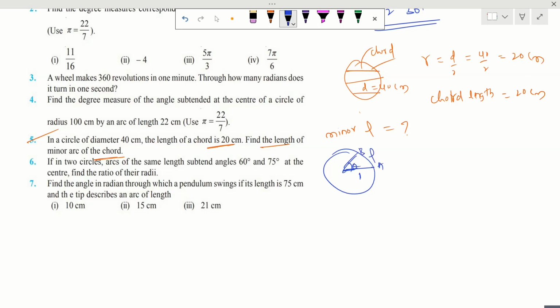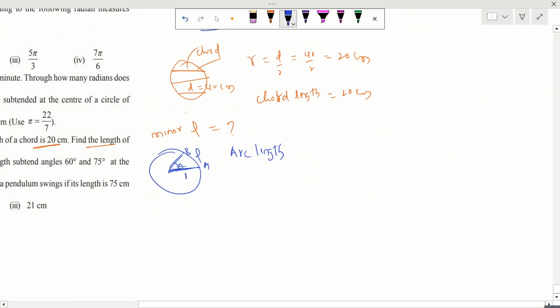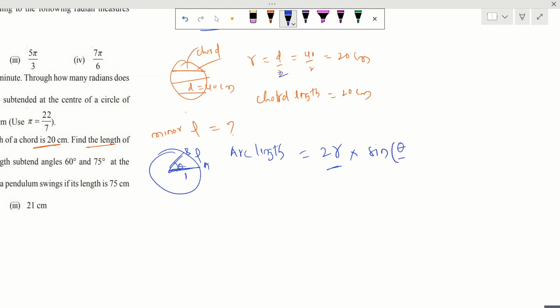The formula for the arc length is 2 times r, which is the diameter, into sine theta by 2. This is the formula for the arc length. Just remember it: 2r sine theta by 2.